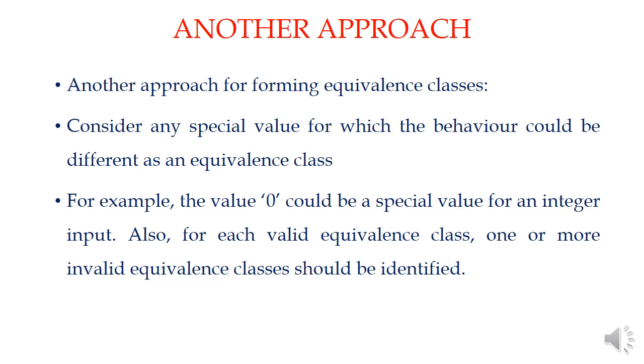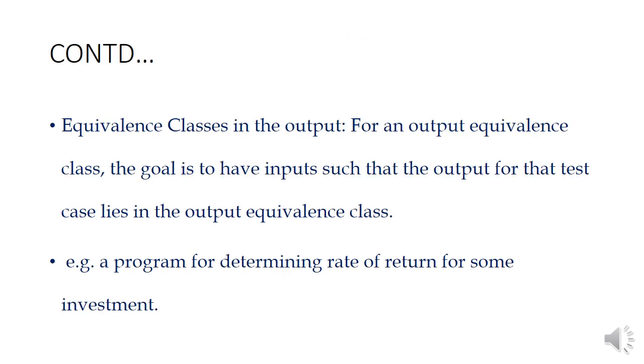Another approach to forming equivalence classes is to consider any special value for which the behavior could be different as its own equivalence class. For example, the value 0 could be the special value for an integer. For each valid equivalence class, one or more invalid equivalence classes should be identified.